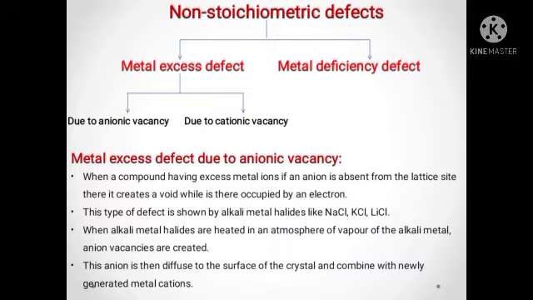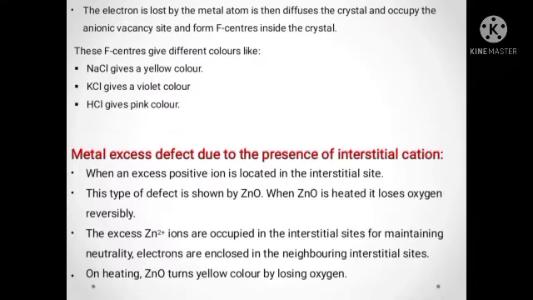The electron lost by the metal atom then diffuses into the crystal and occupies the anionic vacancy sites and forms F center inside the crystal. These F centers give different colors: NaCl gives yellow color, KCl gives violet color and LiCl gives pink color.